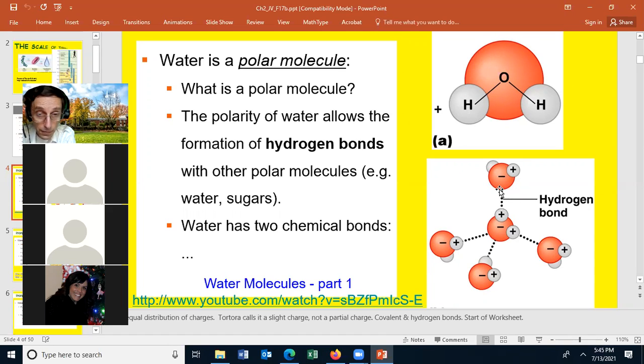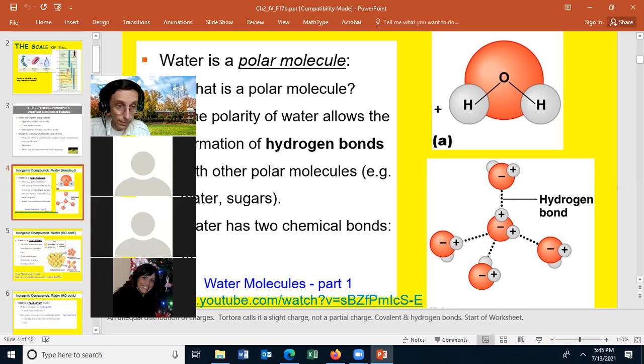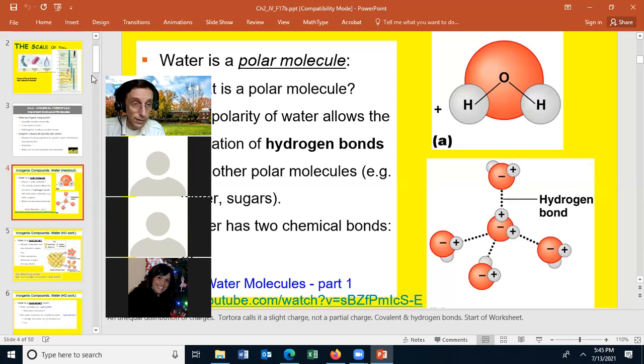And the other chemical bond is inside the water molecule, and that's a covalent bond holding the hydrogen together with the oxygen. All right, so the water molecule has 2 chemical bonds, a covalent bond within the water molecule, and then a hydrogen bond between water molecules, at least when we're talking about liquid water, or it's true when we're talking about ice as well. Any question about that?